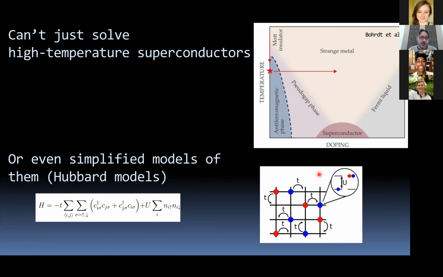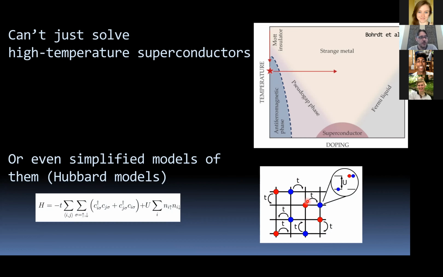The simplest model is that you have a square graph, and electrons can move around on this square graph, and the electrons can either be red or blue. They can be spin up or spin down. There are two possible choices for the state of the electrons. And if they're on the same site, there's some interaction energy. It turns out even this simple model, nobody knows what it does because of this exponential scaling of the problem with system size.